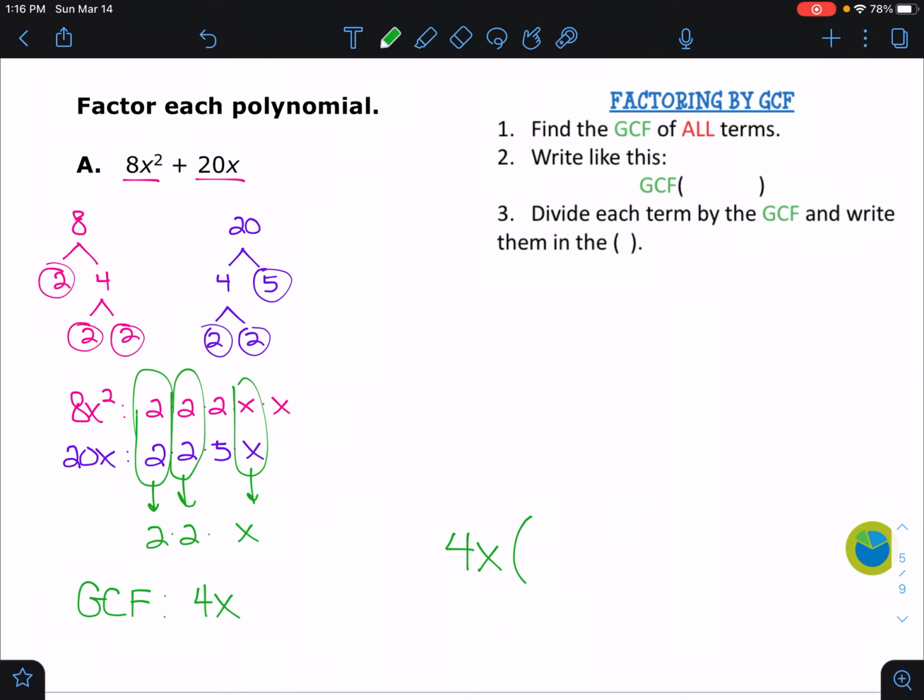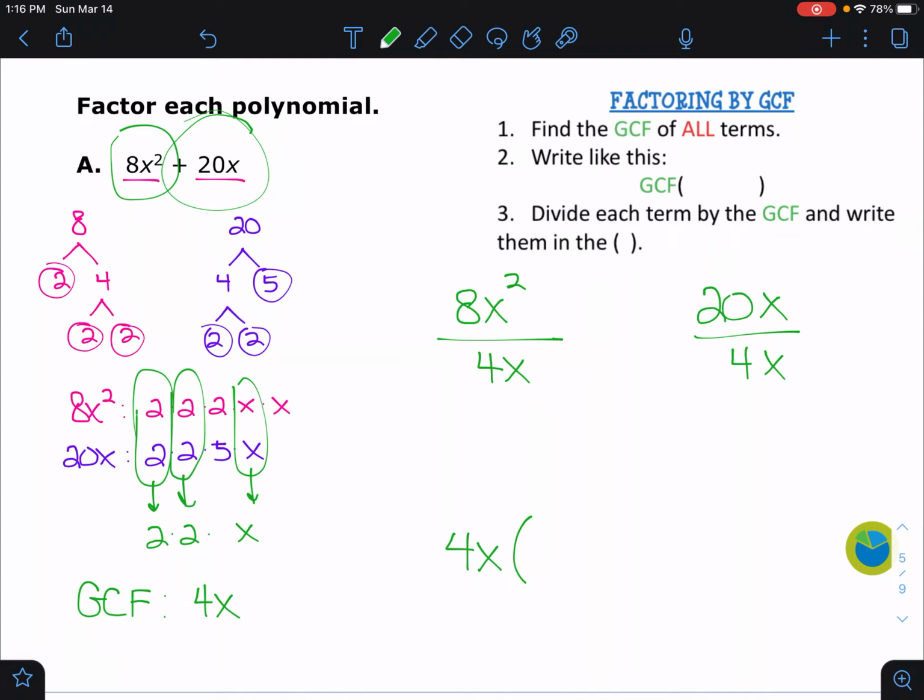So up top here I have 8x squared. So I'm going to write 8x squared, and I'm going to divide that by my GCF. So it says divide each term by the GCF. So in this case, my GCF was 4x. The next term that I have was 20x. It's positive, right? Positive 20x. I'm going to divide that by 4x as well.